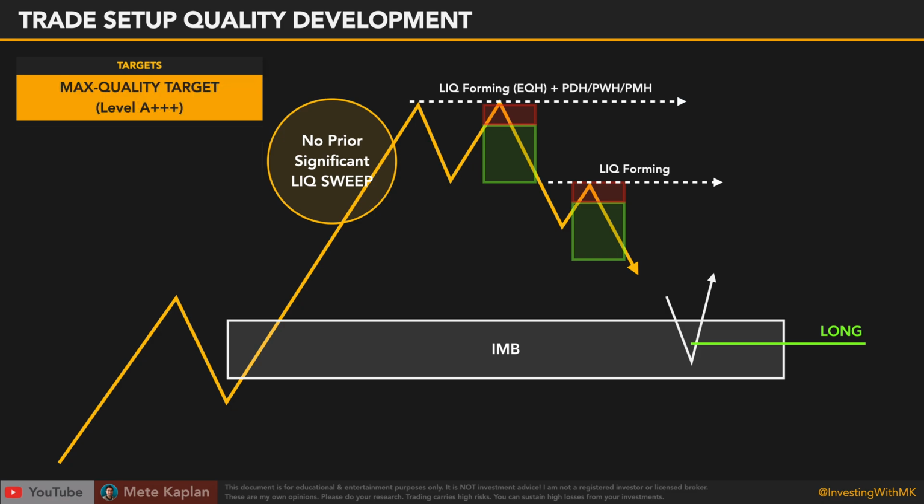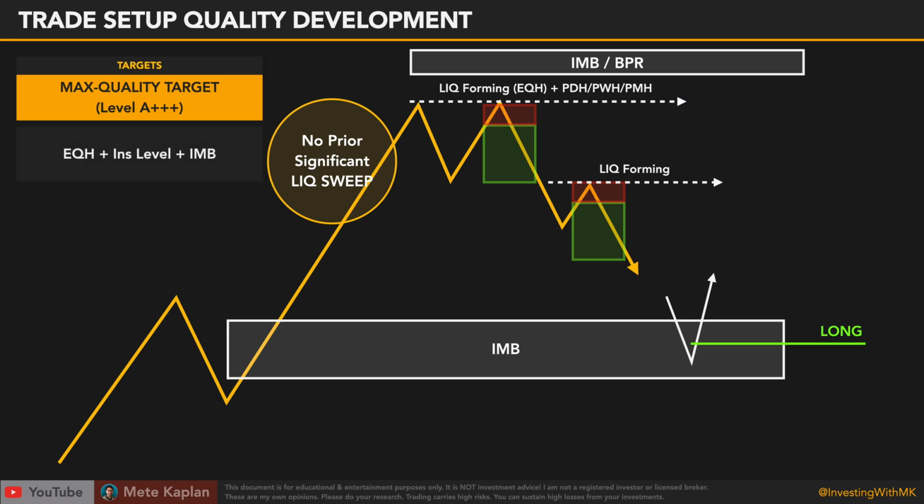And the final touch is always for me, looking for imbalances and balanced price ranges. Remember, if the liquidity is king, imbalance will be the queen of targets. And the combination of them is the ultimate target. Very simple idea.